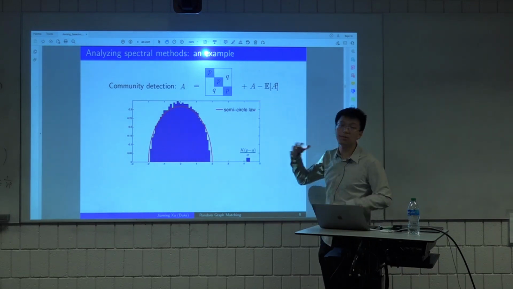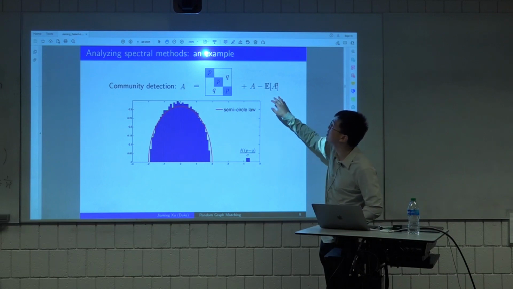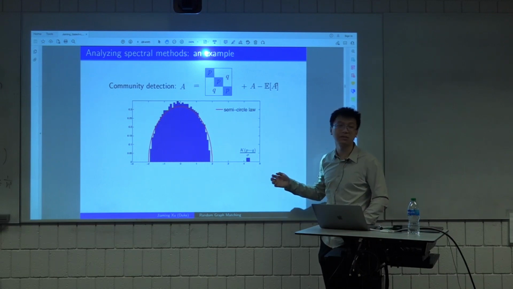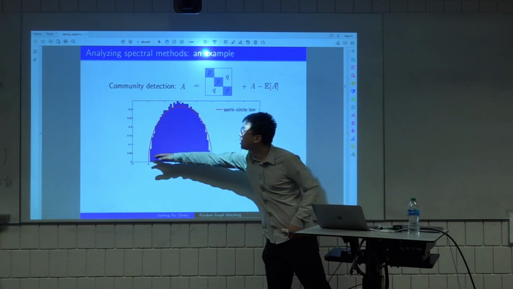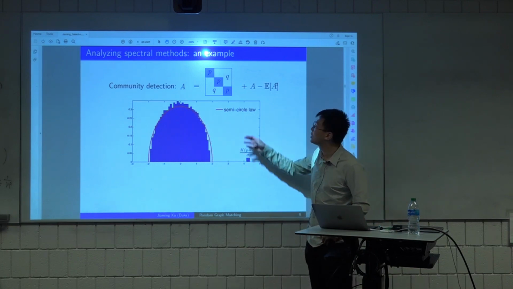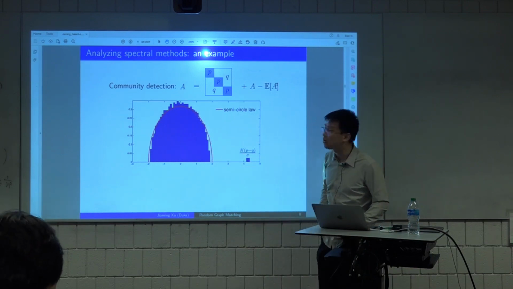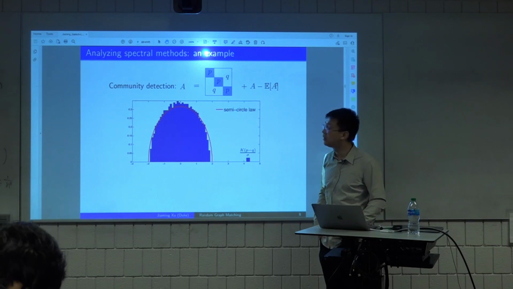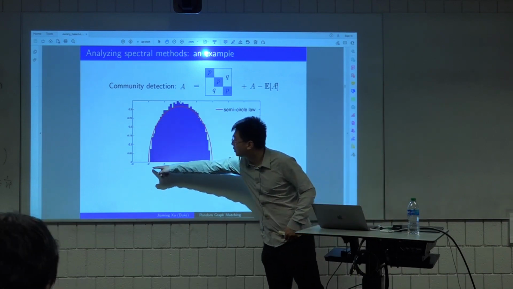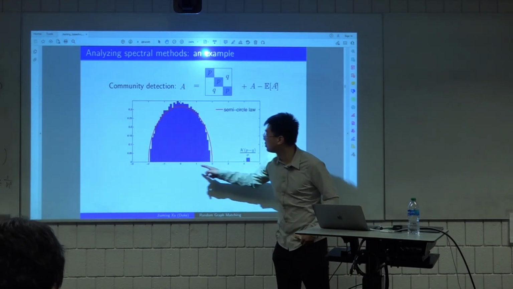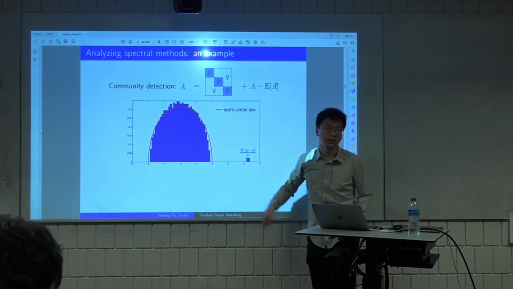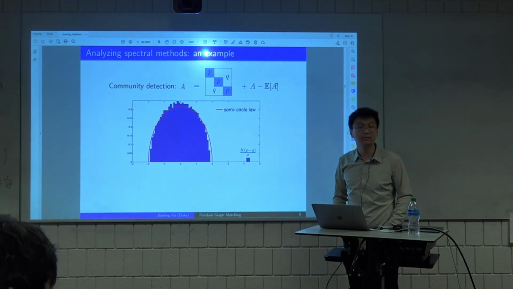After proper normalization, you can roughly think of this as a Gaussian random matrix. So that's why you have a bulk of spectrum. In particular, there's a precise characterization given by the semicircle law. So roughly the spectrum after normalization is from -2 to 2, and follows this particular semicircle law shape.